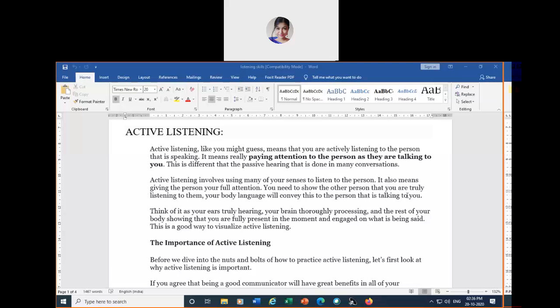Hearing is something you do not have control over, but you have control over listening. You can choose what to listen to and what not to listen to. But in the case of hearing, if you do not have any physiological problems, then definitely you will be able to hear all the sounds around.